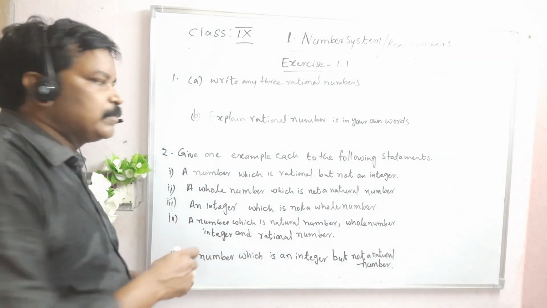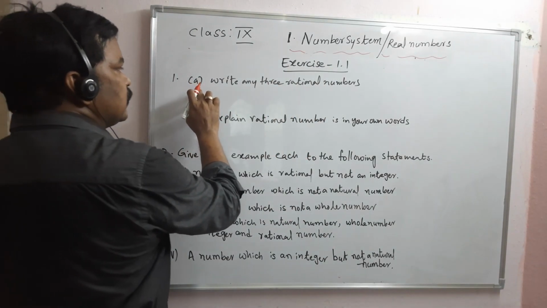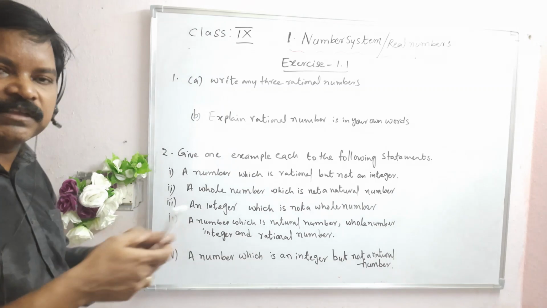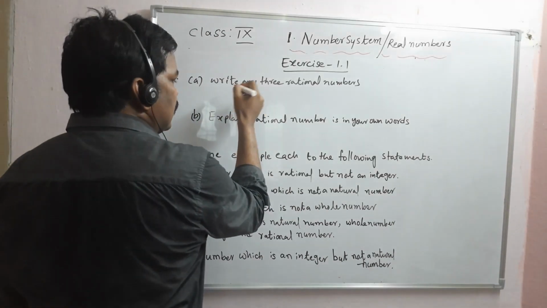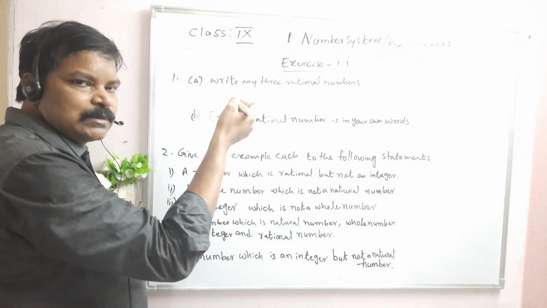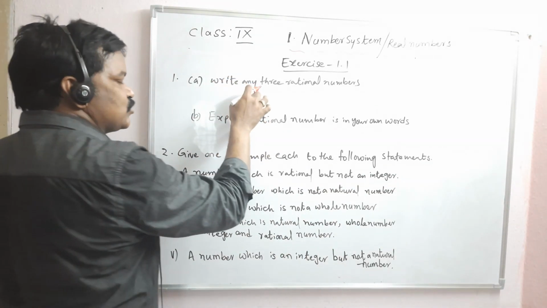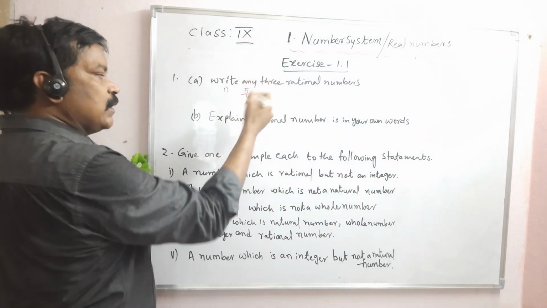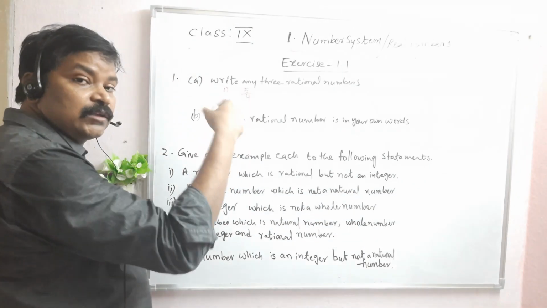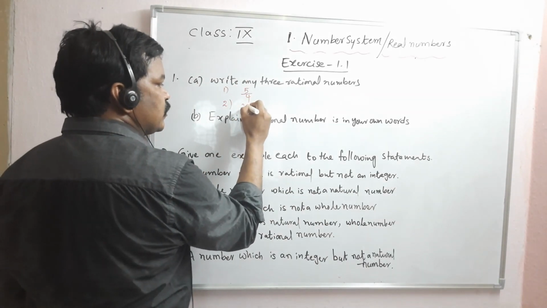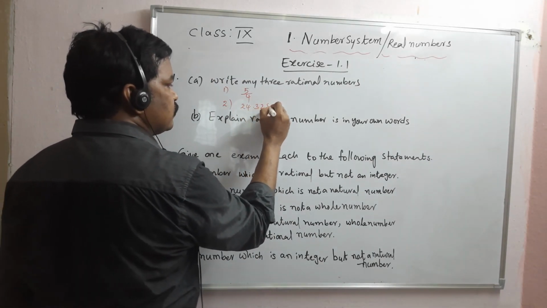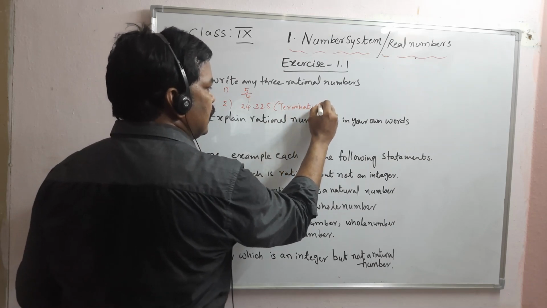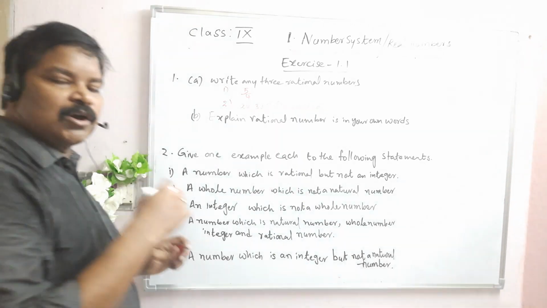See, exercise 1.1 for AP State Board. The first question is like this. Write any three rational numbers. As I told you, P by Q form, the numbers which can be written in the form of P by Q are called rational numbers. That means 5 by 4. I will write it in another way, another form of rational number, 24.325. This is a terminating decimal, no? And the third rational number is non-terminating repeating.